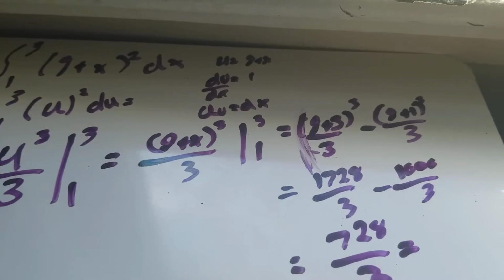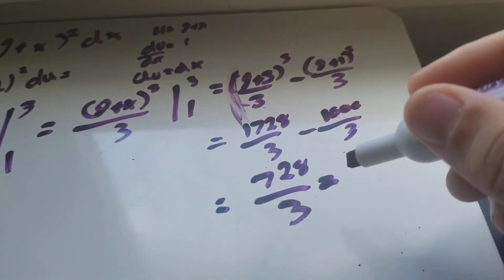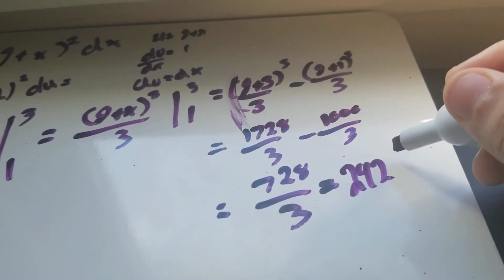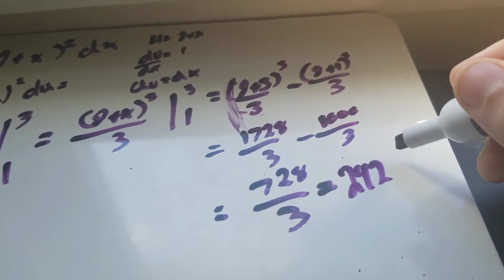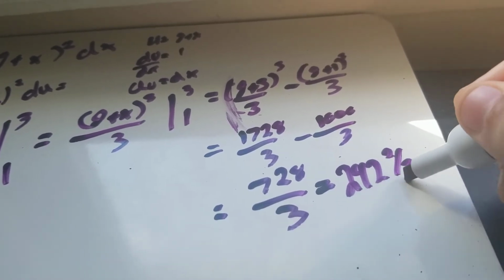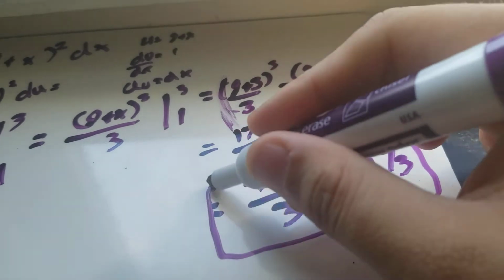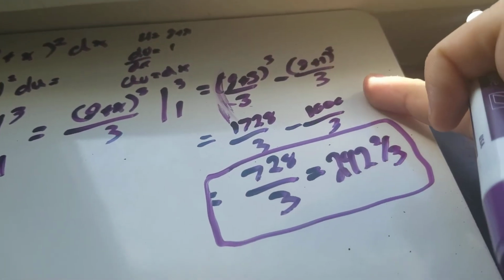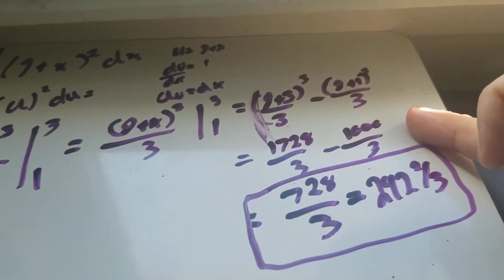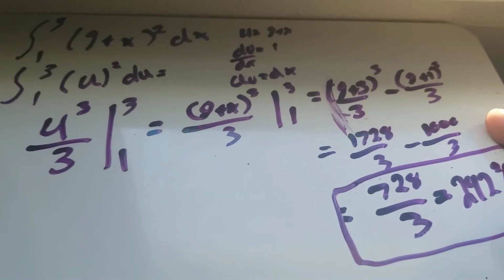If you want to simplify it, that would reduce to 242 and 2/3. Either way is correct. You don't have to actually reduce it or anything, but these could be combined, so let's combine like terms like that. All right, so that's for that one.